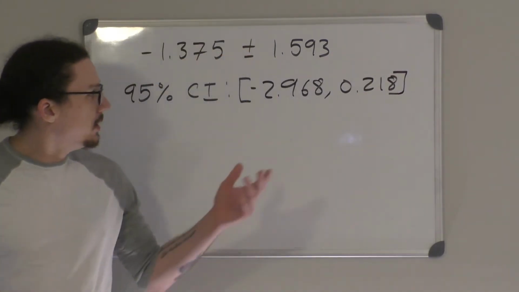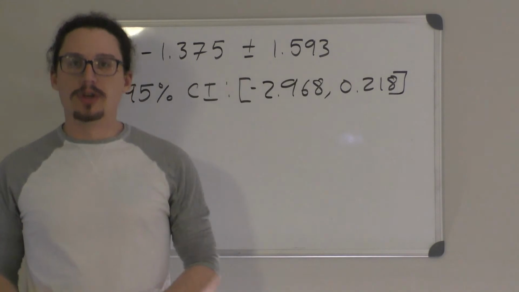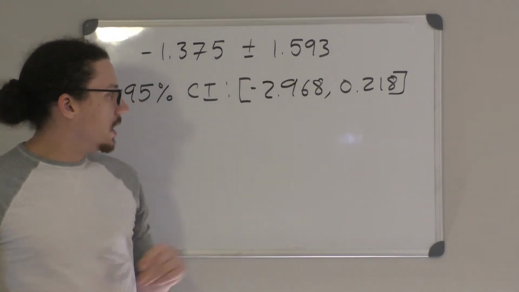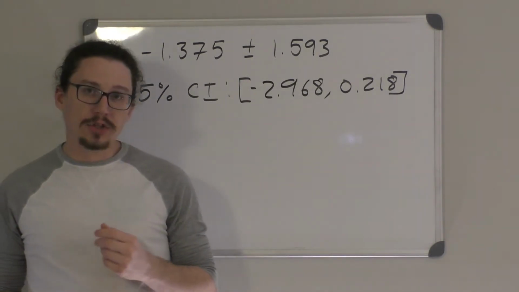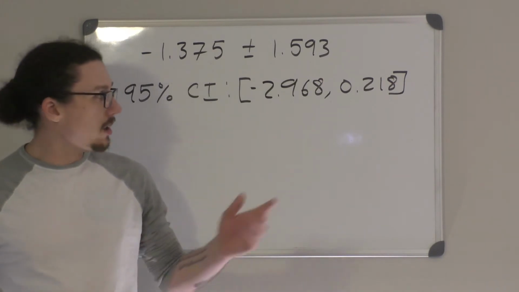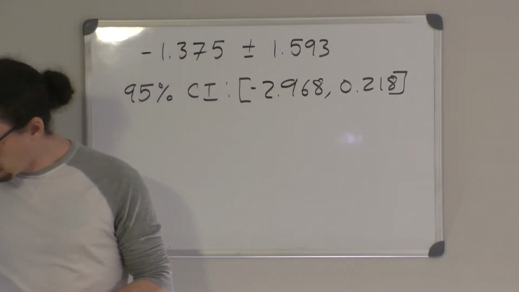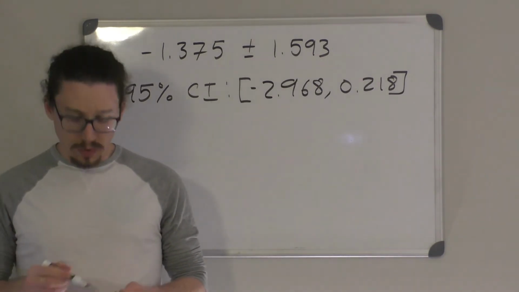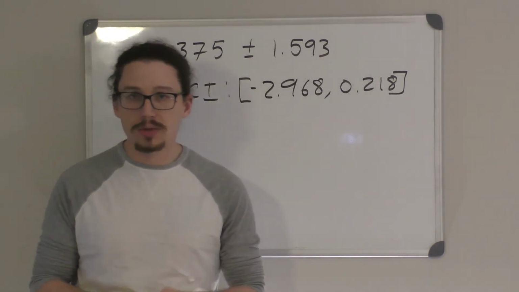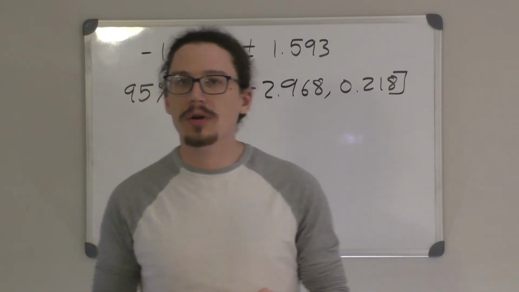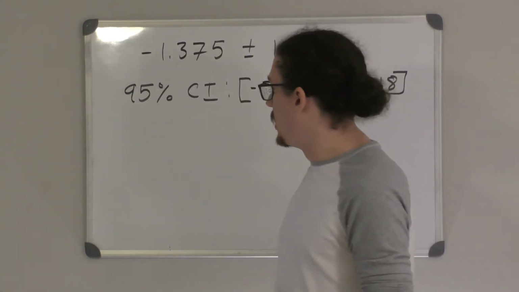When we do that, this is our result. So a lower bound of negative 2.968 and an upper bound of 0.219. A couple of things with this. One, we can interpret it like any other confidence interval, right?